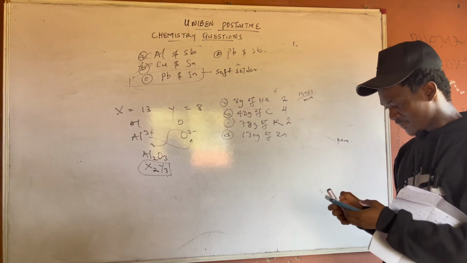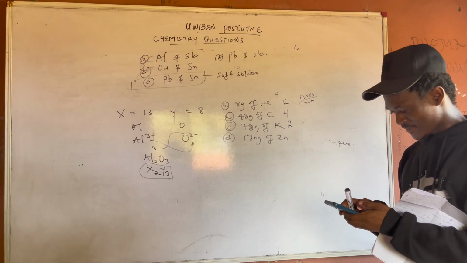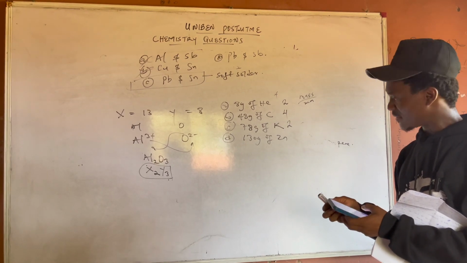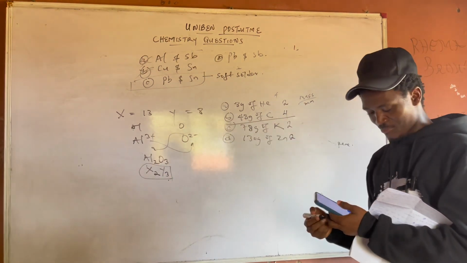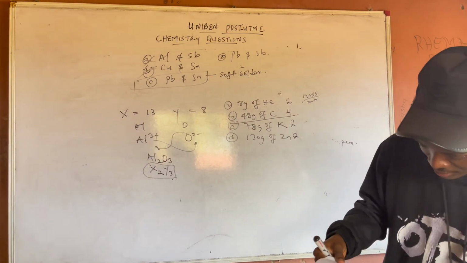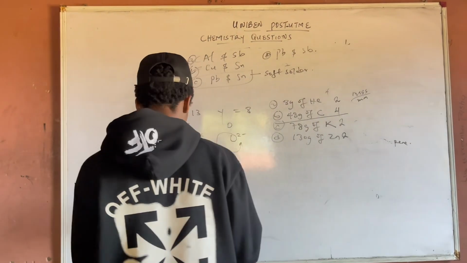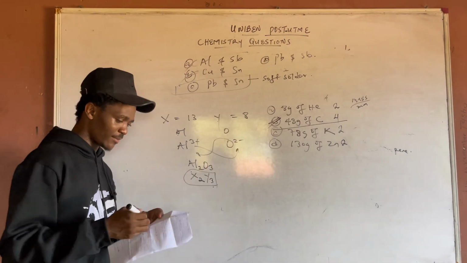And then the other one, 130 divided by 65, that's for zinc, that's also 2. So the best is actually option B. So the correct option is option B. All right, option B is the right option. That's the most number of moles.